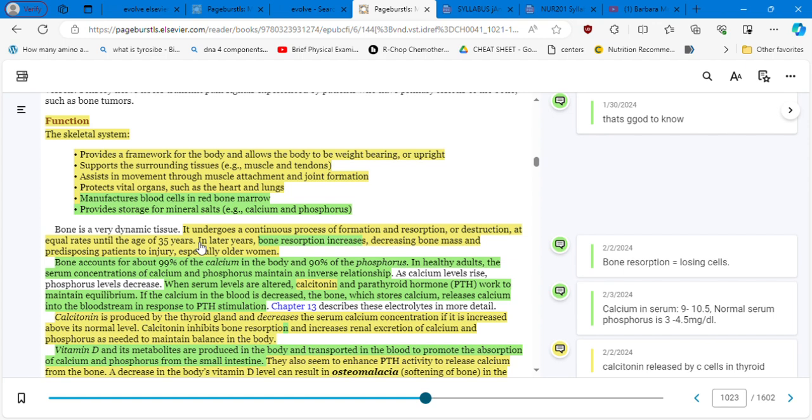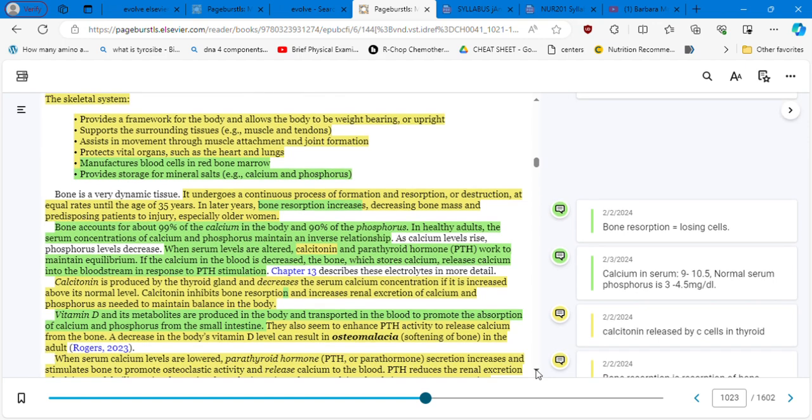So you have production, destruction, production, destruction. In later years, after 35 years, bone resorption increases, meaning there is more destruction, decreasing bone mass and predisposing patients to injury, especially older women.